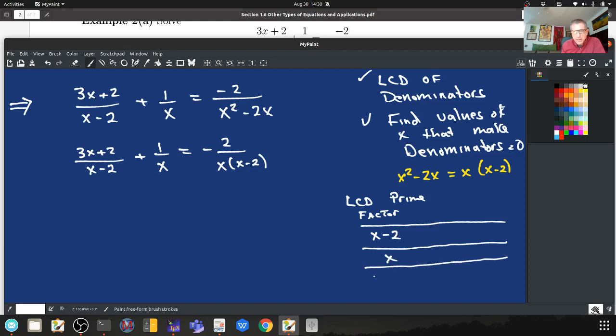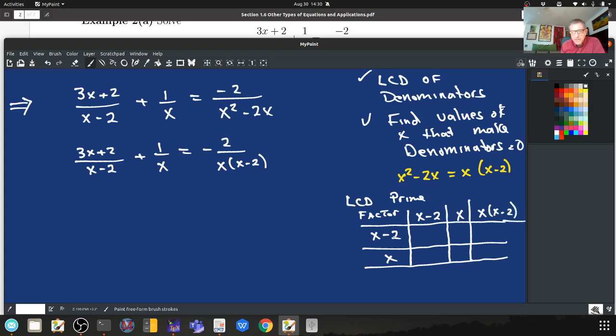And x times x minus 2, well, those are two factors and they're already up there. So now I look at how many times they occur. In my first denominator, x minus 2. In my second denominator, x. And then in my third denominator, x times x minus 2.